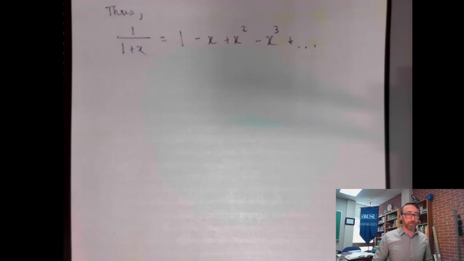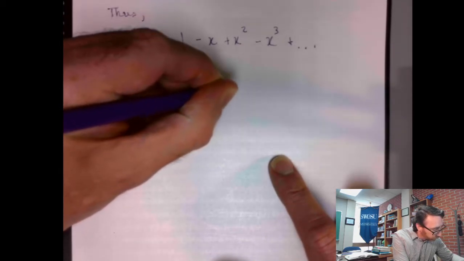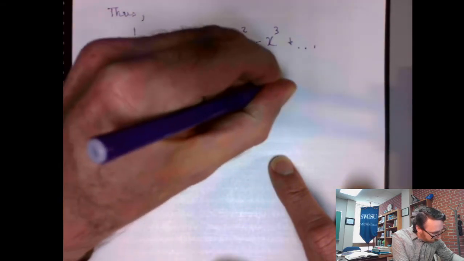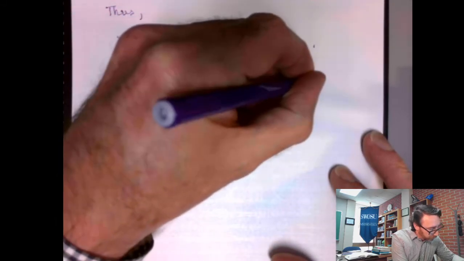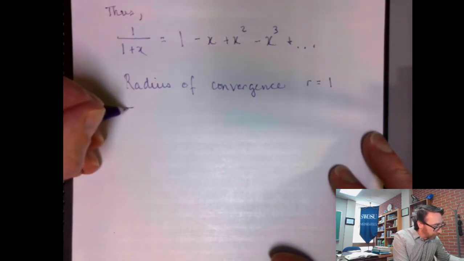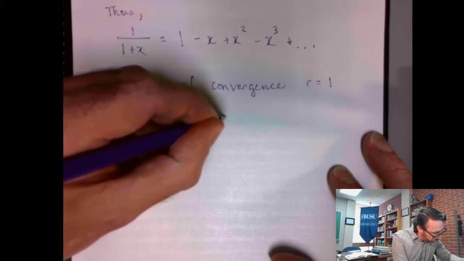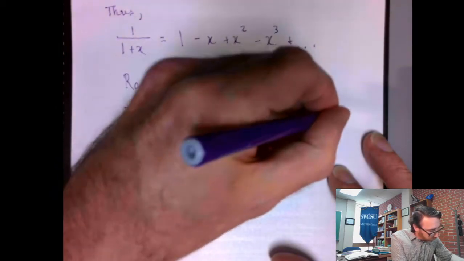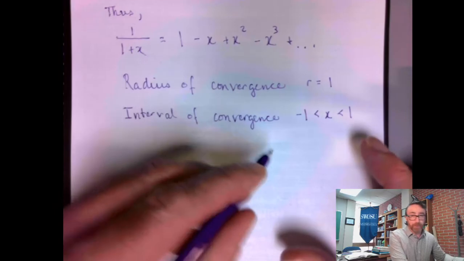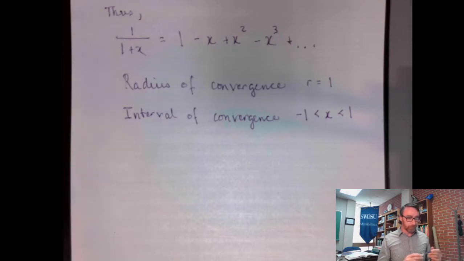So the radius of convergence for this series is 1. And the interval of convergence is x values strictly between -1 and +1.